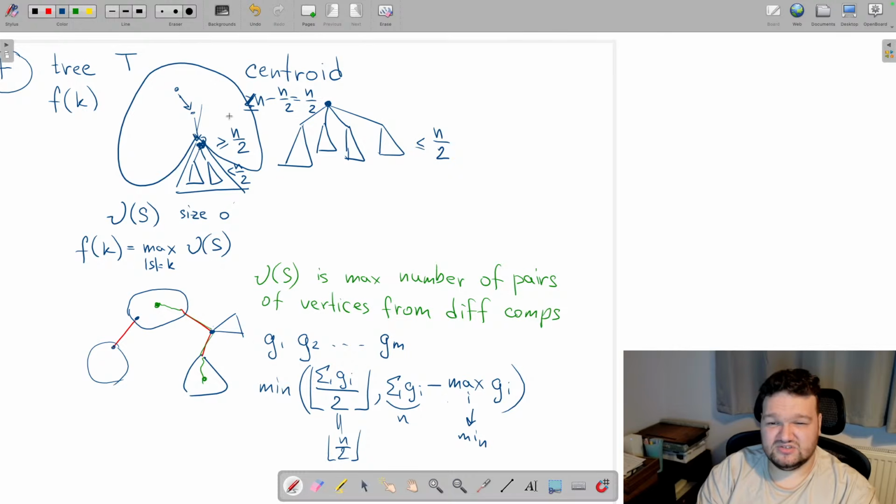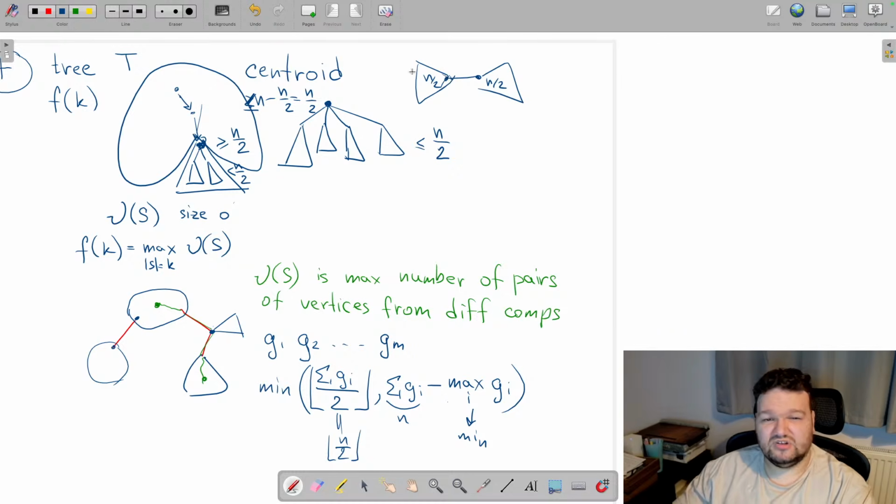So this vertex is a centroid. It is possible for a tree to have two centroids; they must be connected by an edge, and removing that edge will split the tree into two trees of size n over 2. In all other cases, the centroid is unique. We can find that centroid. Now the size of every component like this is at most n over 2.